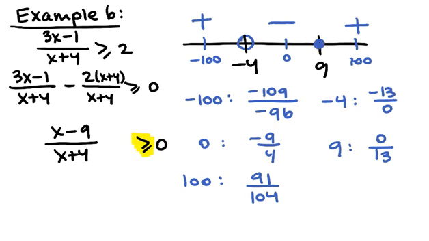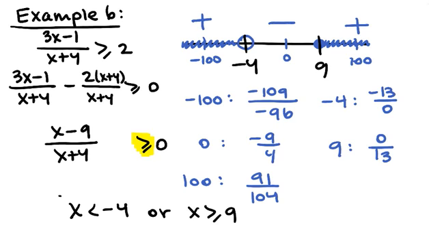So I'm interested in where this thing is greater than or equal to 0. I labeled where it was equal to 0, that's x equals 9, and where it's greater than 0 are these intervals over here. And so my solution is going to be x is less than -4, or maybe x is greater than or equal to positive 9.